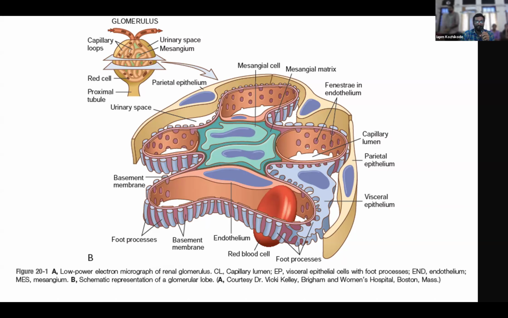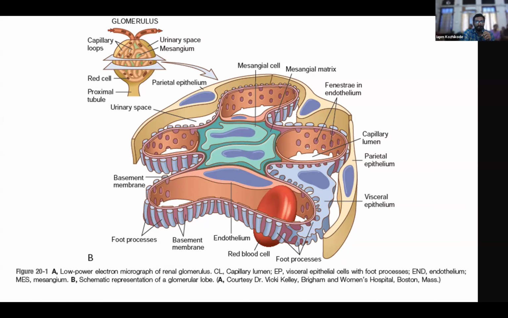So this is the fenestrated endothelium layer you are having. See, tightly wrapping around the fenestrated endothelium is the basement membrane. Look at how the basement membrane is going.